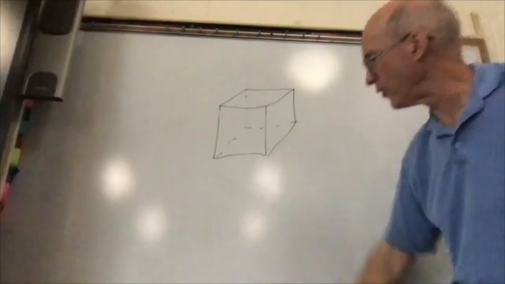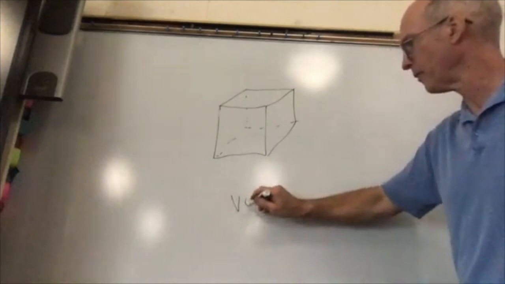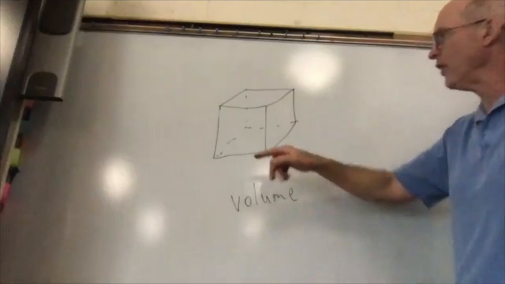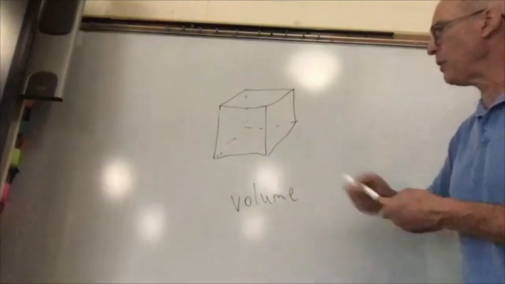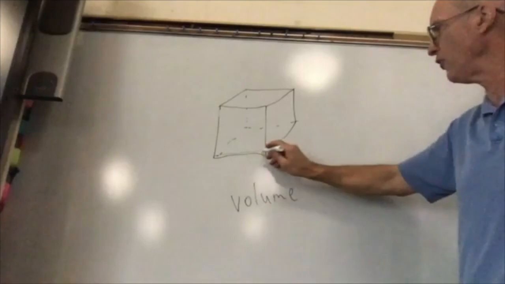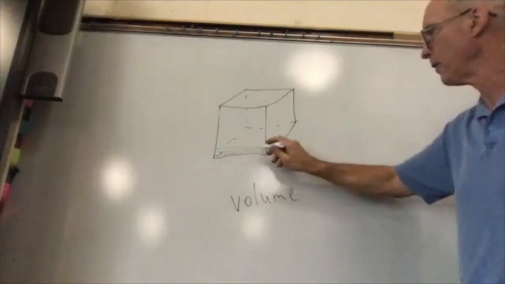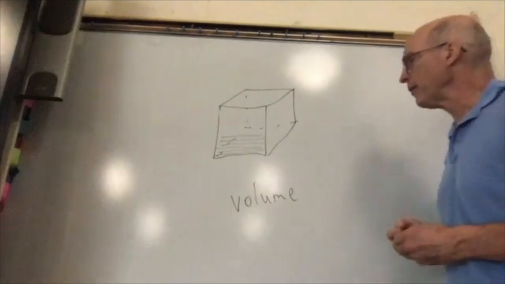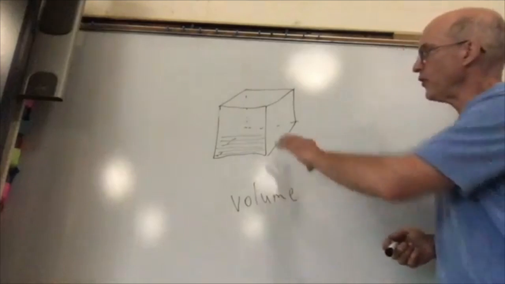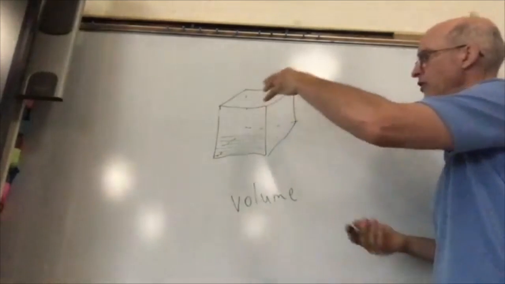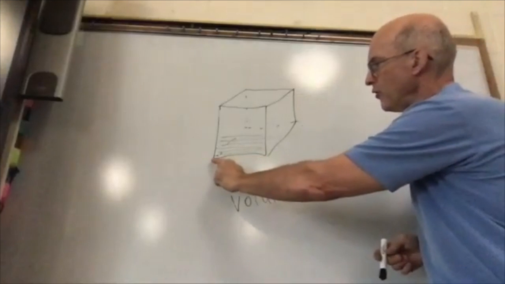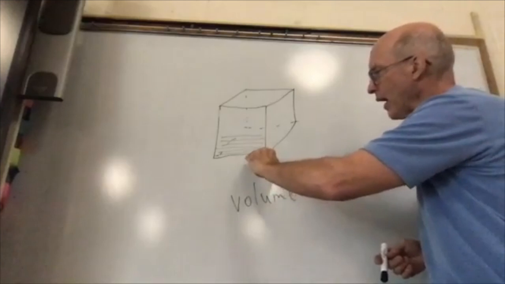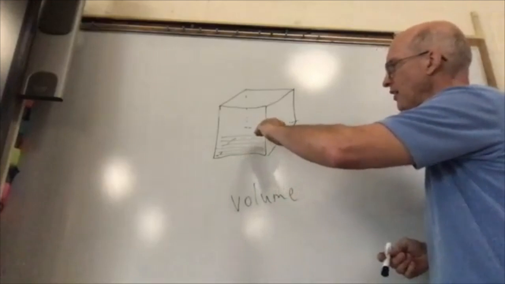To find the volume, what I think of it as, think of this as being made up of like thousands of pieces of paper or cardboard, something a little more thick. Anyway, to find the volume of this, in other words, the amount of space that it encapsulates, you're going to take the base of this, and I think of it as just being stacked up, stacked up, stacked up.